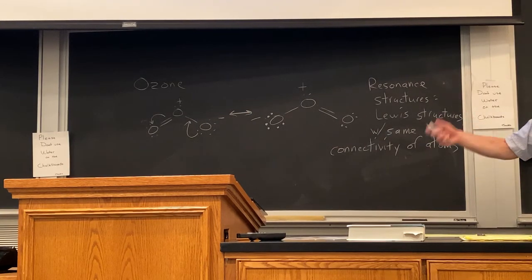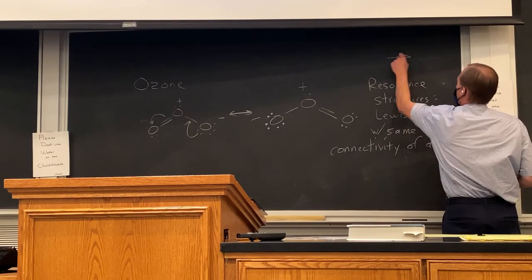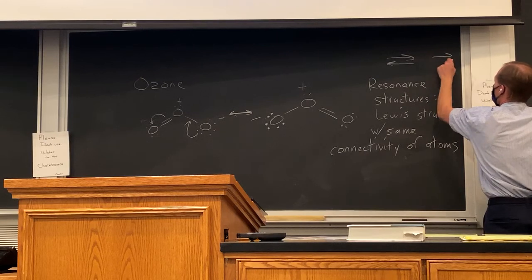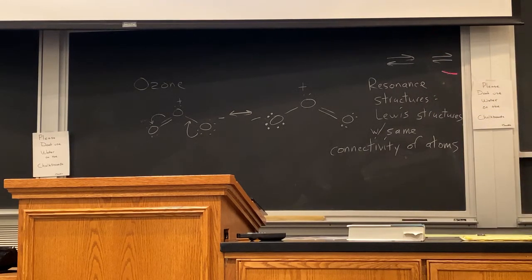These 2 structures are not in equilibrium with each other. We'll elaborate on that in a moment. They are resonance structures. This double-headed arrow is distinguished from equilibrium arrows. Equilibrium arrows would either look like this, 2 arrows. Sometimes they're 2 half-headed arrows like this. These are not that. Okay?